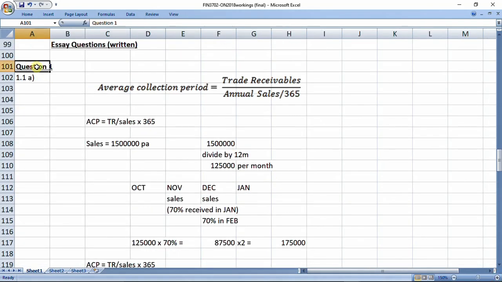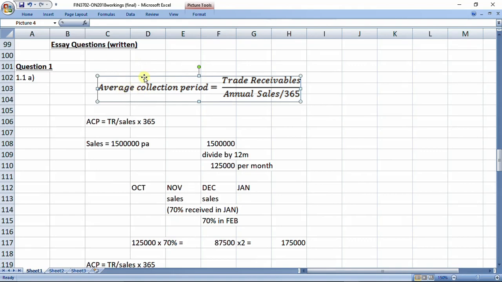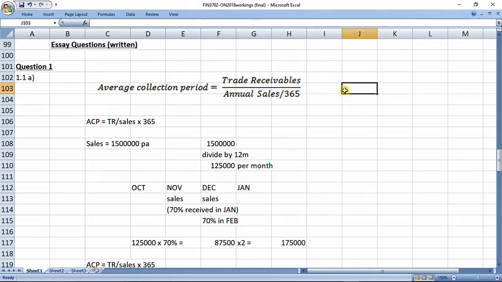They say that 30% of their customers usually pay on the 10th day and take the discount. So do you agree we need to calculate that portion based on what we've read, and then the 70% we also need to calculate based on what we've read. If it's after 50 days, do they get the discount? No, they don't. If it's within 10 days, then they get the discount. Can you see that?